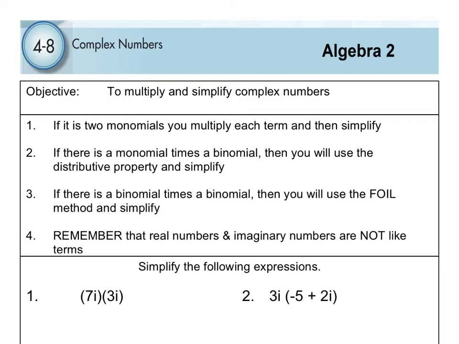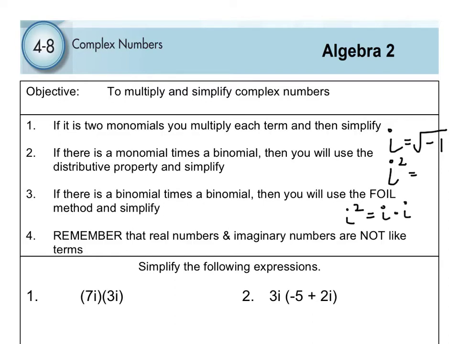We talked about in the last section that i is the square root of -1. That's the value of i. Now, when we multiply, we've got to simplify things. So, if I were to take i and square it, we want to see what we would get. Remember, i squared is i times i.